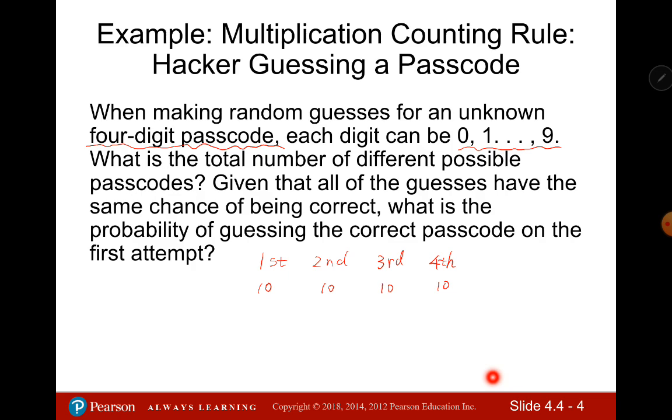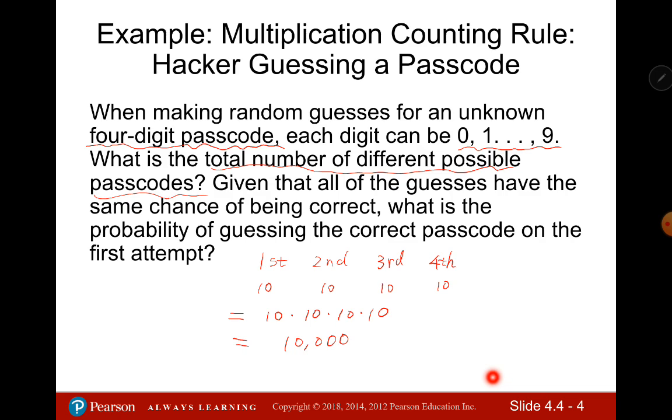If we are interested in the total number of different possible passcodes, which means the total number of outcomes of this sequence, we use the multiplication rule: 10 times 10 times 10 times 10. This is the total number of different passcodes, right?